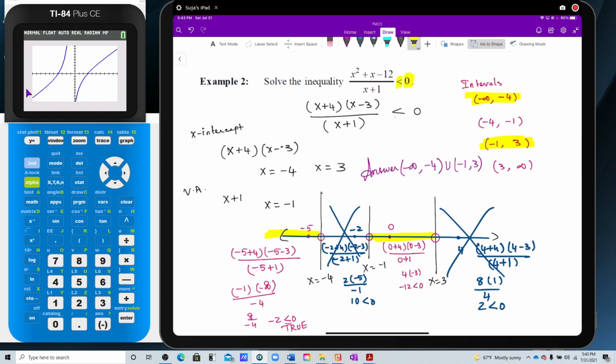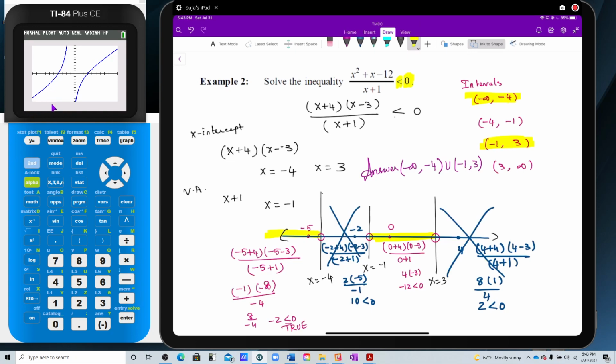Okay, it's very clear from this: here is my negative 1, negative 2, negative 3, negative 4. From negative 4 and to the left, it's below the x-axis, and I'm looking for below because this problem has less than. If the problem was greater than, then I'd be looking for above the x-axis.